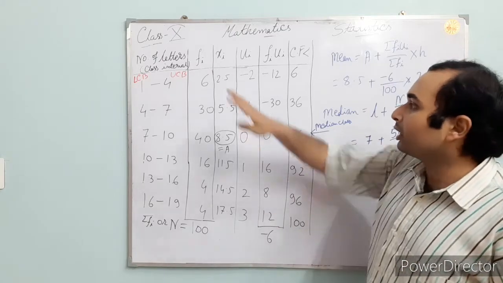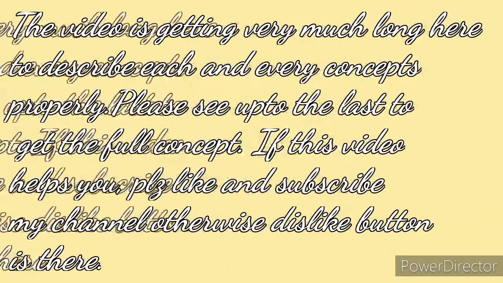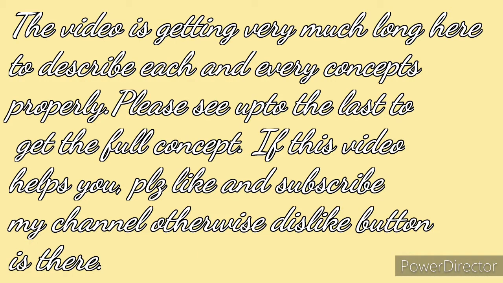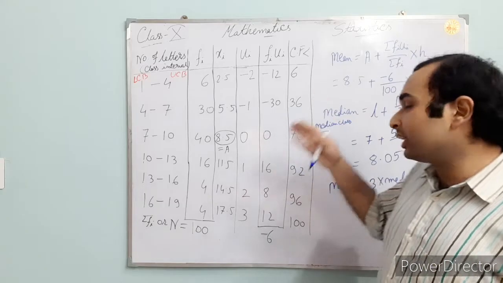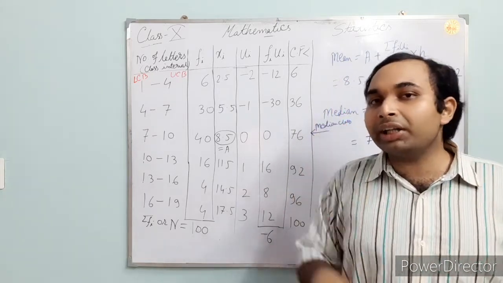If the question is given and you have to find the mode there, unnecessarily you have to find the mean and median, because mode has only one dedicated formula.